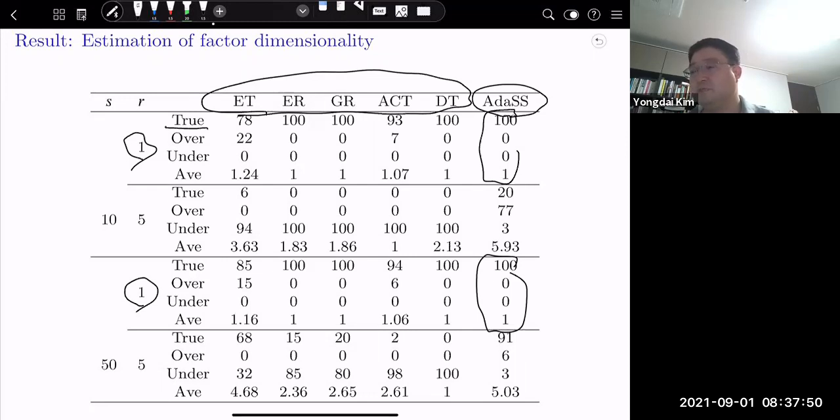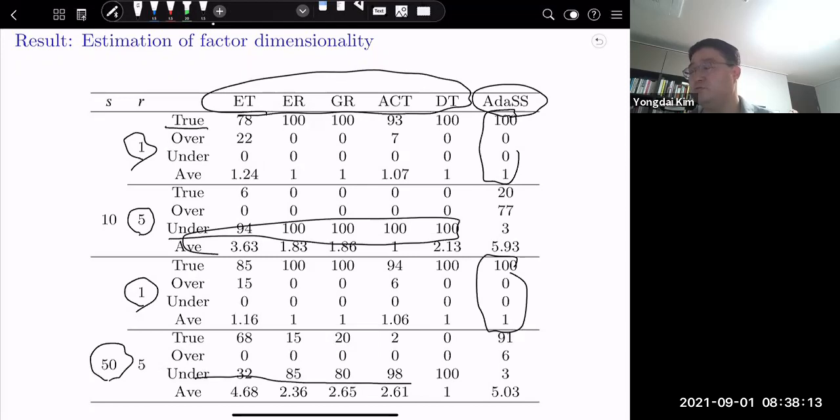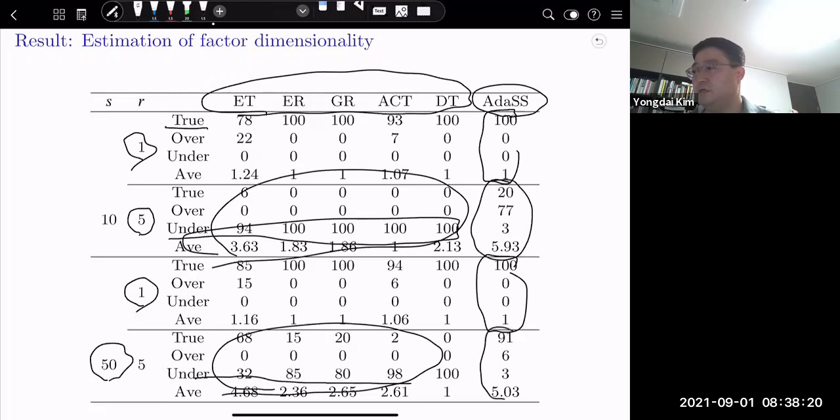But when the true factor dimensionality becomes larger, the frequentist estimators have serious problems. They all underestimate, and even for the largest sparsity, they do not work well. Compared to the other frequentist estimators, our Bayesian models work much better.